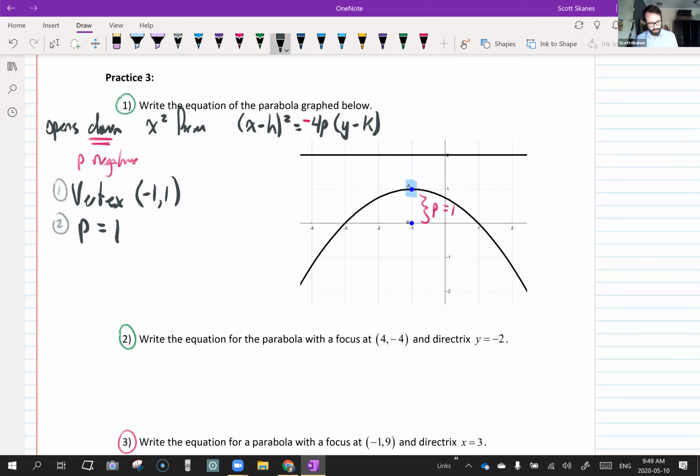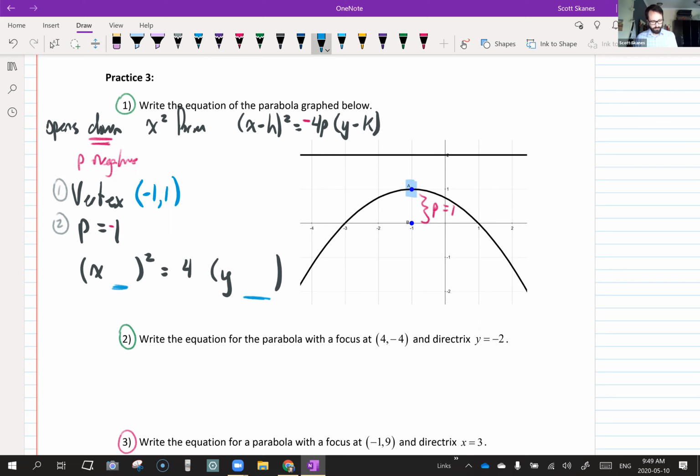P is negative. I can see that ahead of time. I saw that in the original part of the question, so I'll just stick a negative on top of that. And then I'm pretty much done. That's enough for the equation because look, x, let me make this blue so you can keep track of it later. This is going to be x, and then -4, I'm just writing out part of my equation here. I need my vertex things here.